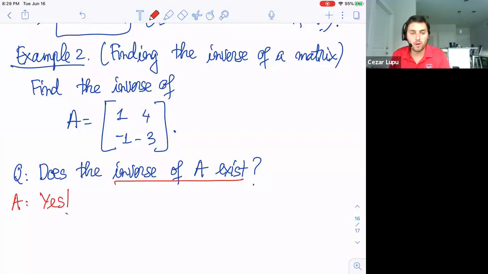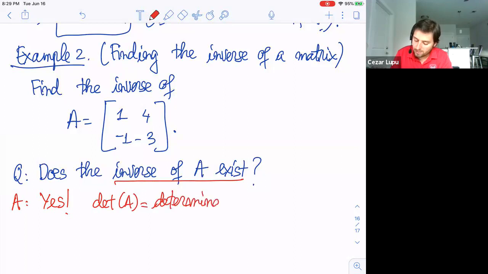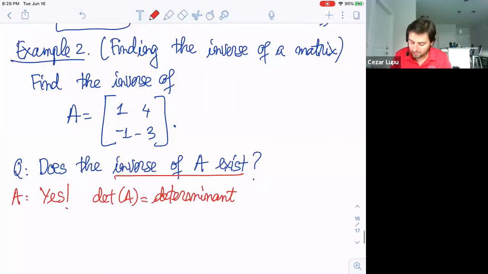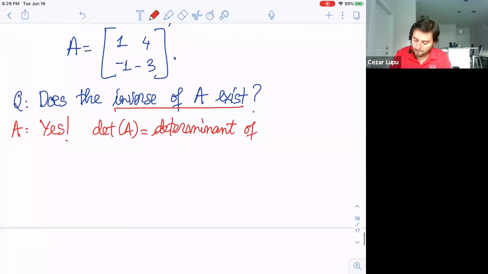But how do I show it? Well, this is what we call the determinant of A, that we'll learn next time. So I'm going to abuse a bit the material and say something in advance.